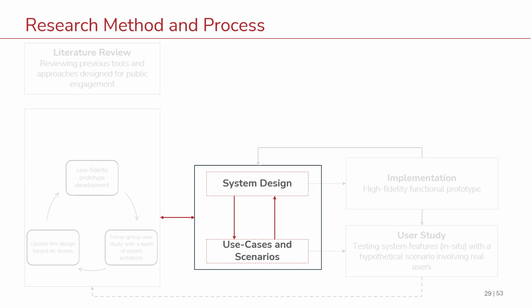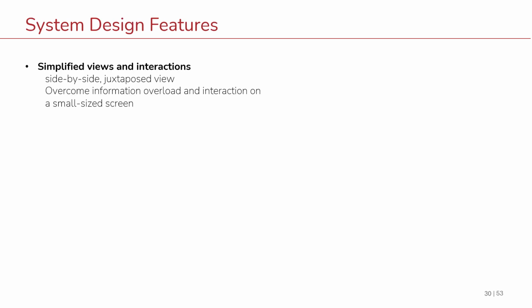From the iterations, we agreed on a low-fidelity prototype, including the main features of the application. Additionally, based on the stories, we proposed a series of use case scenarios for the usability study. The main focus was simplifying the views and interactions for comparing design proposals, and the main challenges we faced were managing information overload and enhancing navigation on small screen devices.